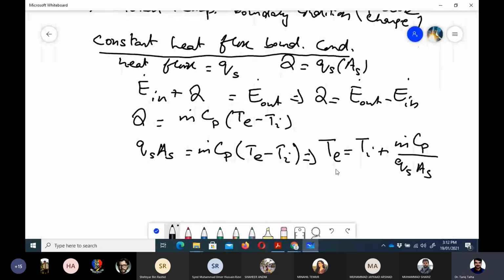Okay, one thing now. If we see here the second term on the right hand side, m dot for a given fluid flow would be a constant value. Cp is a fluid property, and for any fluid that is constant. Qs, we have already said that that is the boundary condition, so constant heat flux.